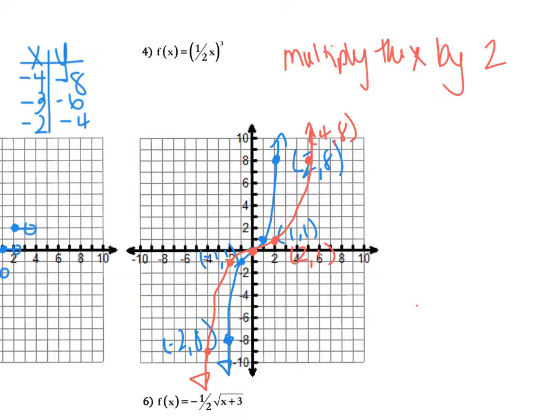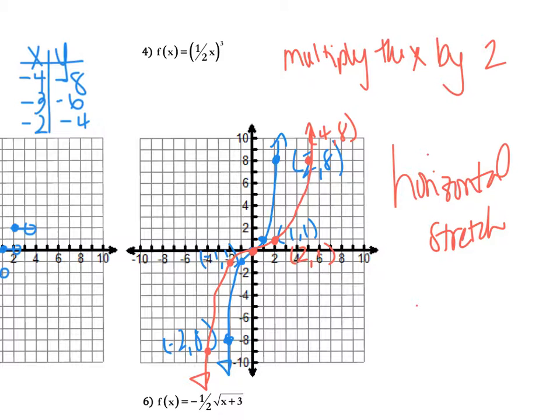Okay. So the absolute value of a is going to be between 0 and 1. So that's going to be a horizontal stretch.